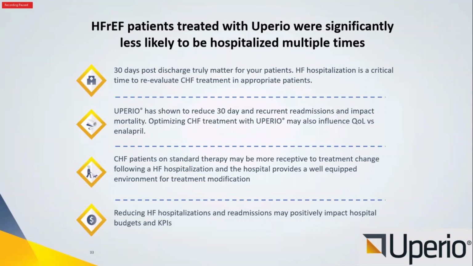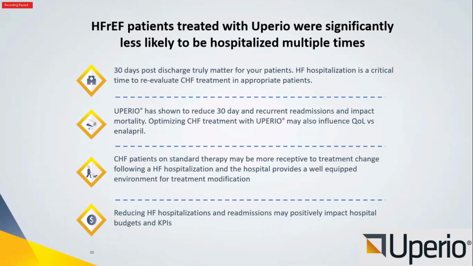So the HFrEF patients treated with Uperio were significantly less likely to be hospitalized multiple times. As we have demonstrated, 30 days post-discharge truly matters for your patients. Heart failure hospitalization is a critical time to reevaluate chronic heart failure treatment in appropriate patients. Uperio has shown the ability to reduce 30-day and recurrent readmissions.